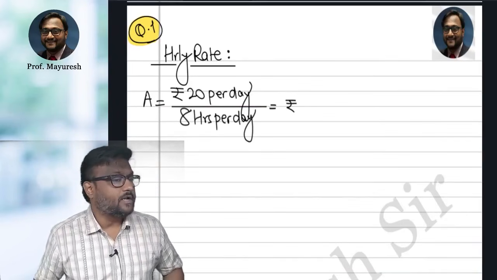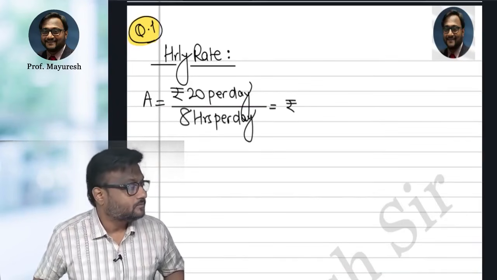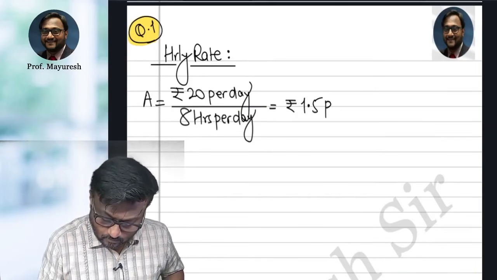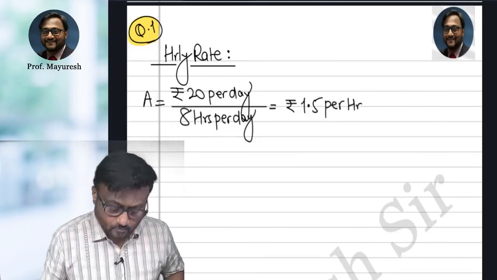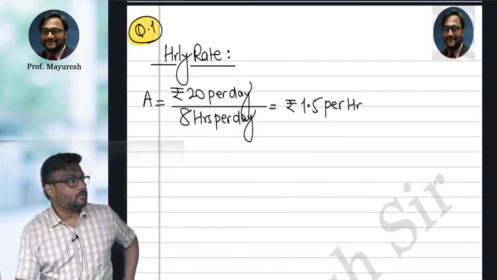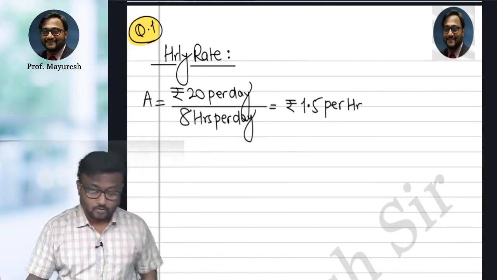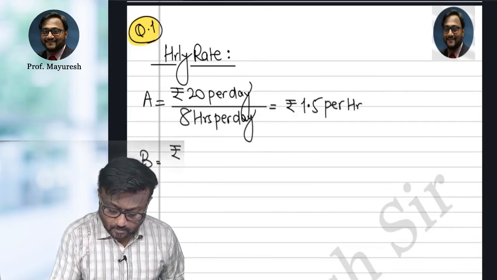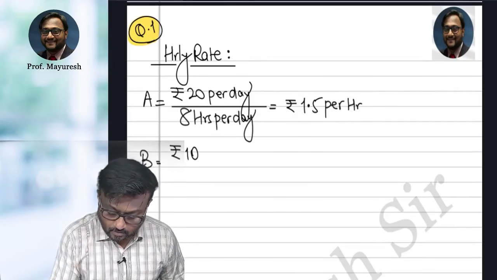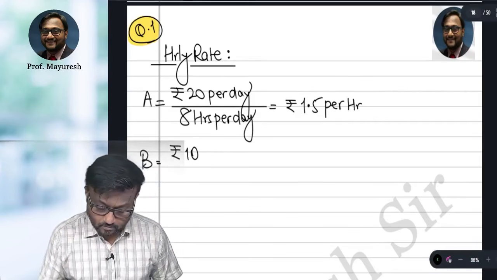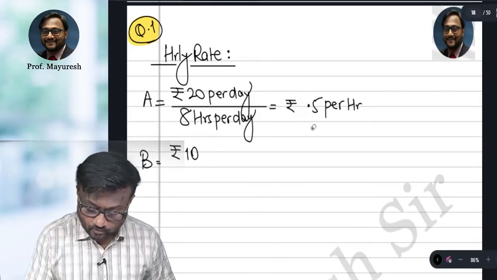So how much is the hourly rate? $1.5 per hour, correct? Do not write, let me complete this. Correct? It's 2.5. Yeah, 2.5. I'm so sorry.